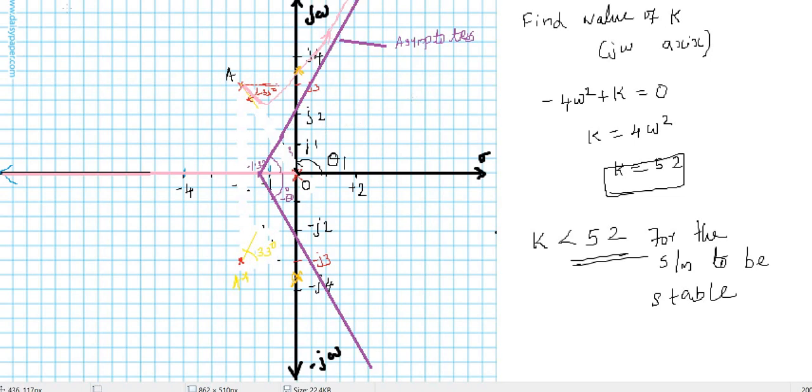When you plot it from A complement, it starts through the angle of departure, that is at plus 33 degree, and from that it should asymptotically go to infinity, and the meeting point of the root locus is minus 3.6j here. So this is the root locus that is starting from A complement.